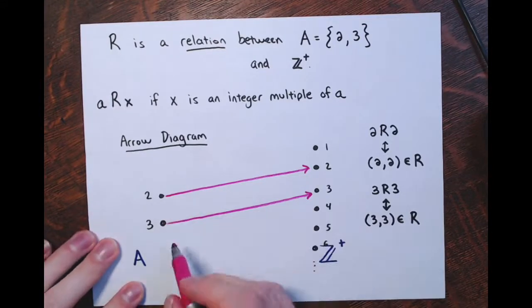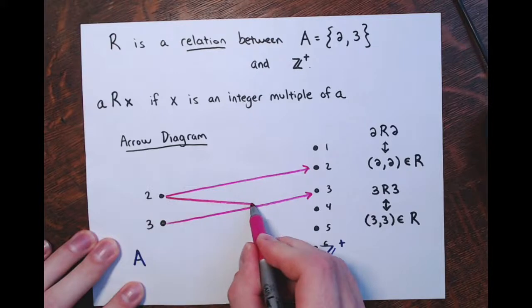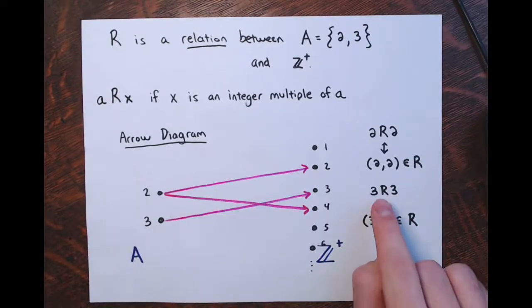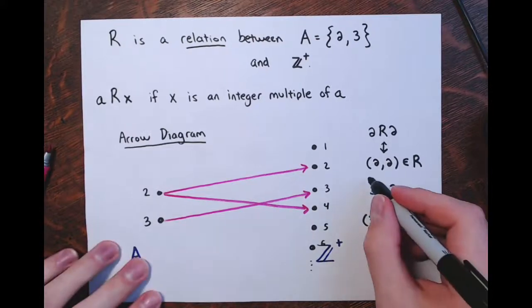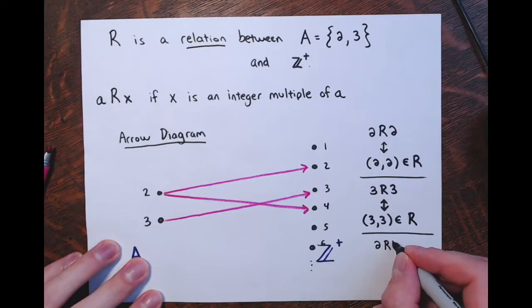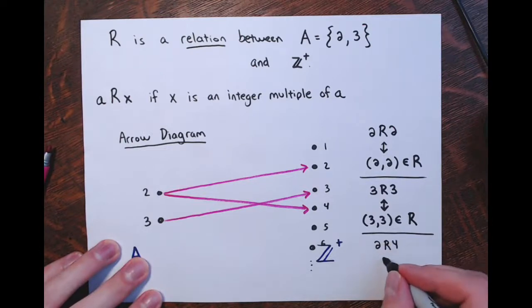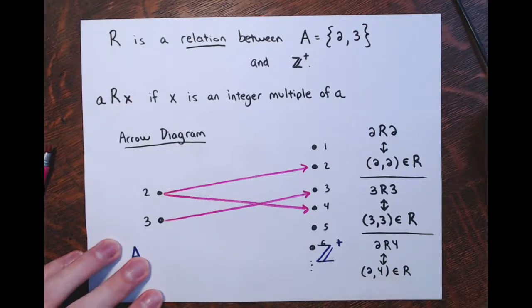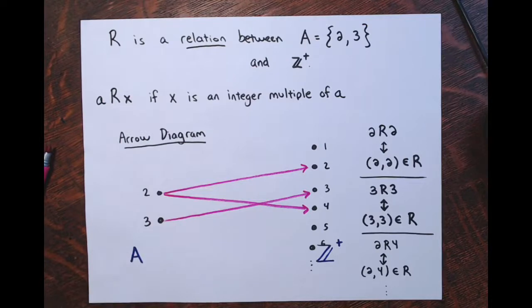Yeah, 4 is a multiple of 2. So that means 2R4. That means 2 is related to 4. In other words, the ordered pair (2, 4) belongs to this relation R. I could do this forever.